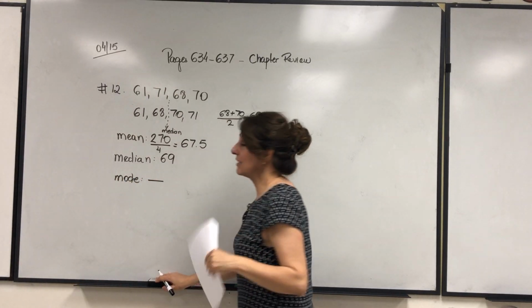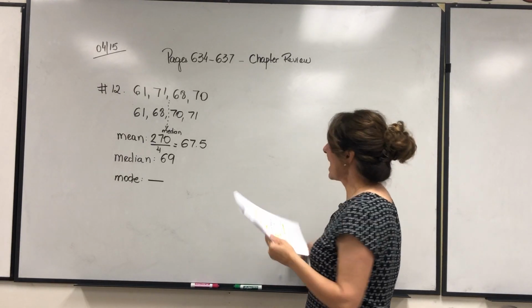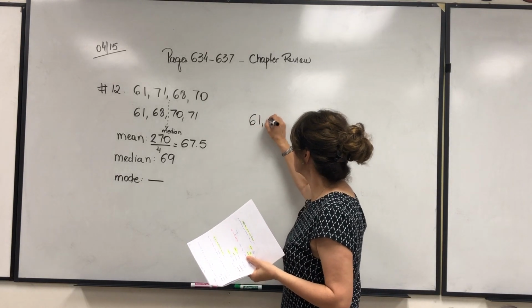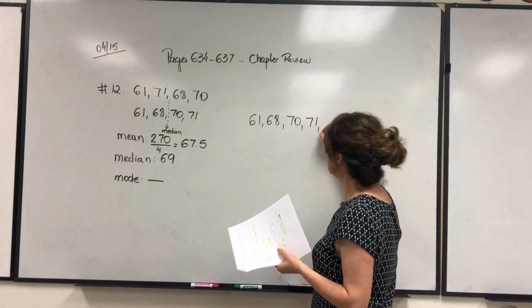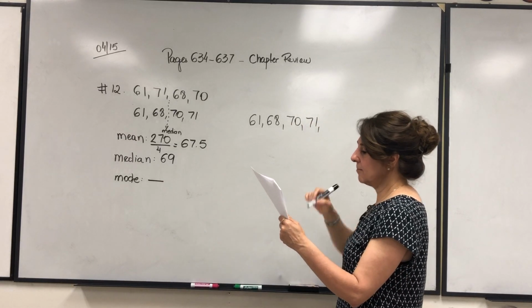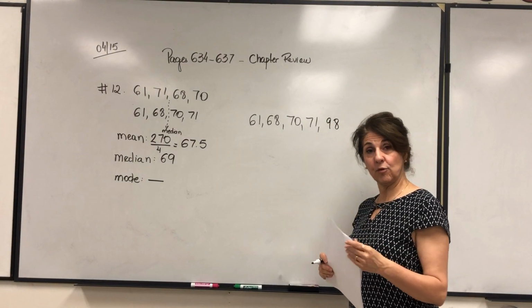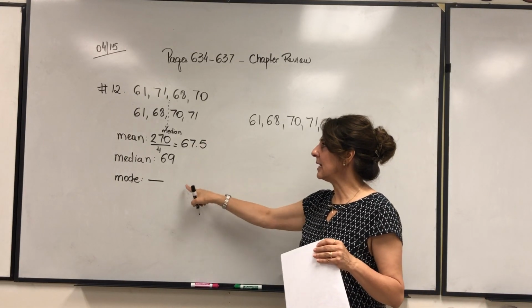Now I am going to get to my second set, where the number 98 was added to my information. So here I have again 61, 68, 70, 71, but now I have the number 98 that was added to the information. So I have to find the same thing, mean, median, and mode.